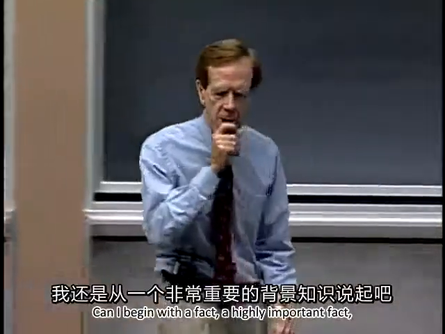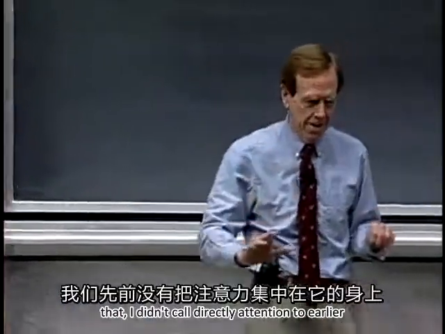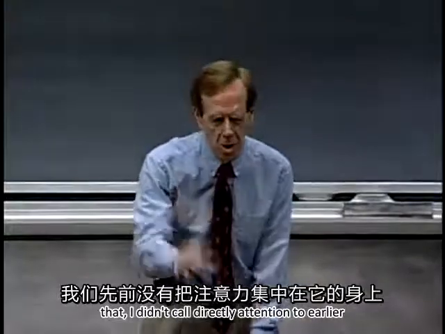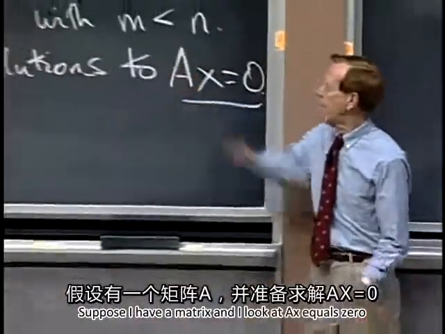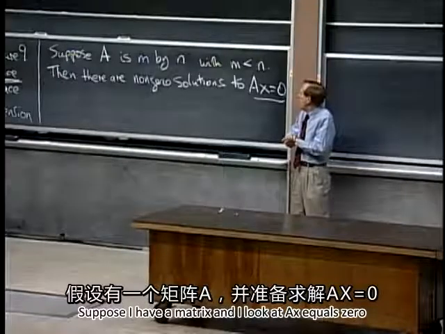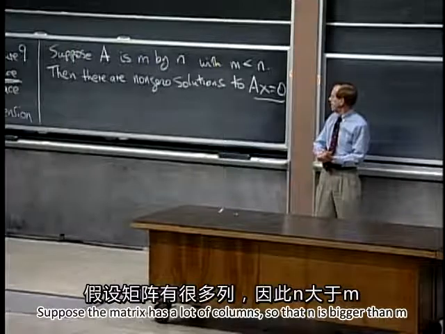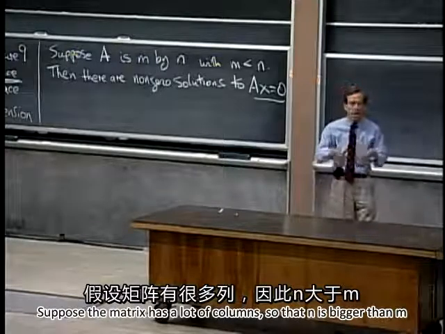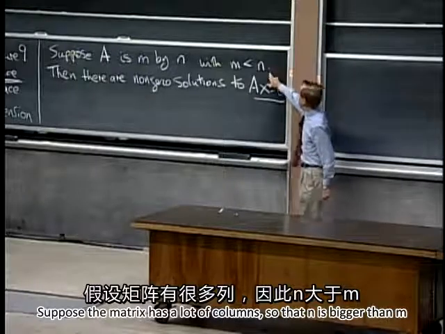Can I begin with a fact, a highly important fact that I didn't call direct attention to earlier? Suppose I have a matrix and I look at AX equals 0. Suppose the matrix has a lot of columns so that n is bigger than m.